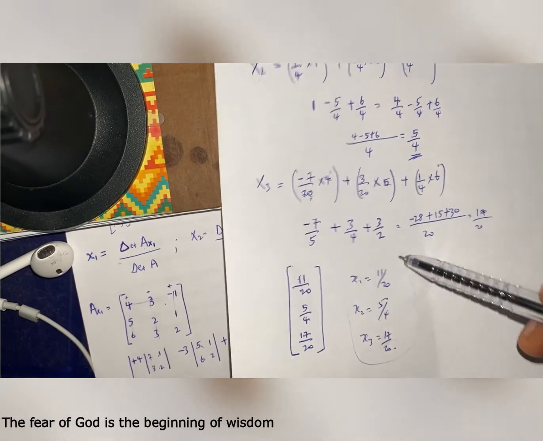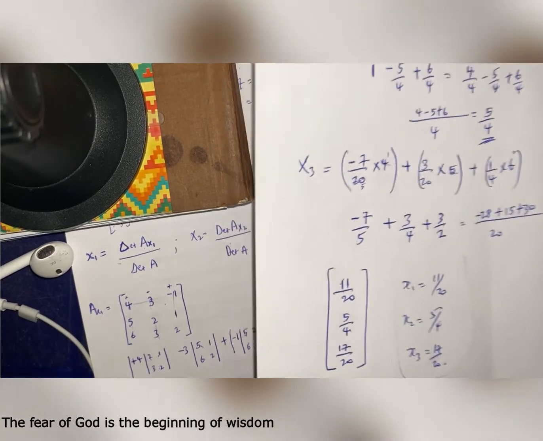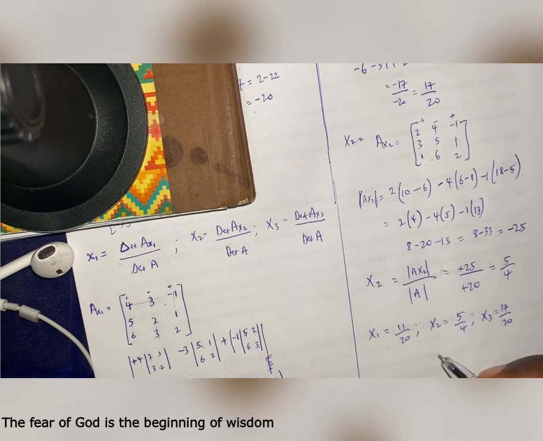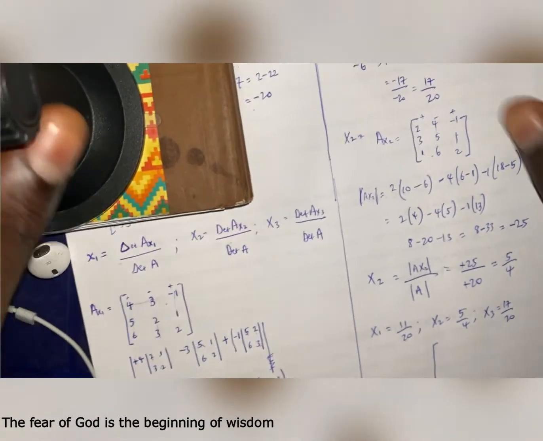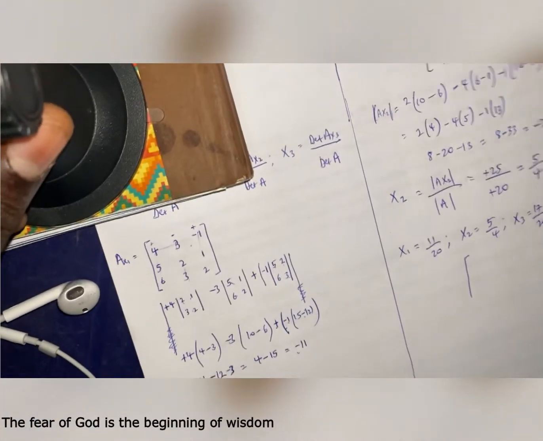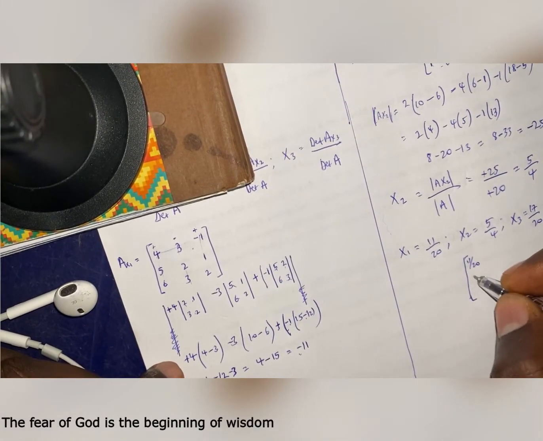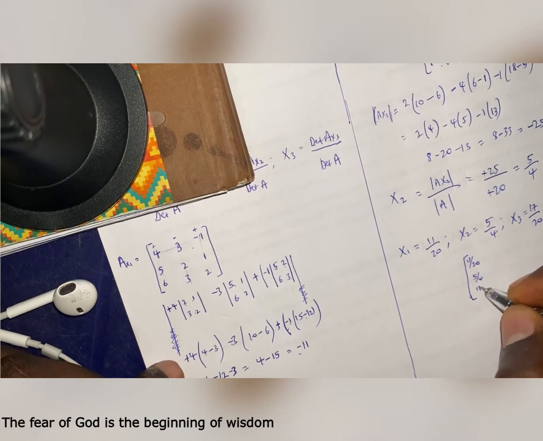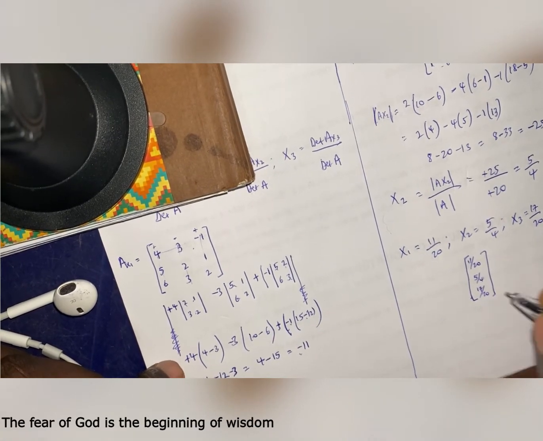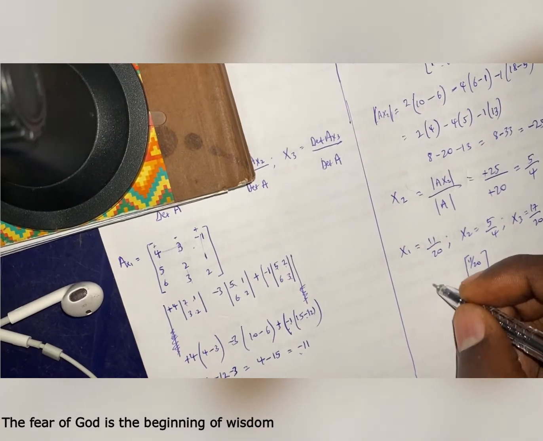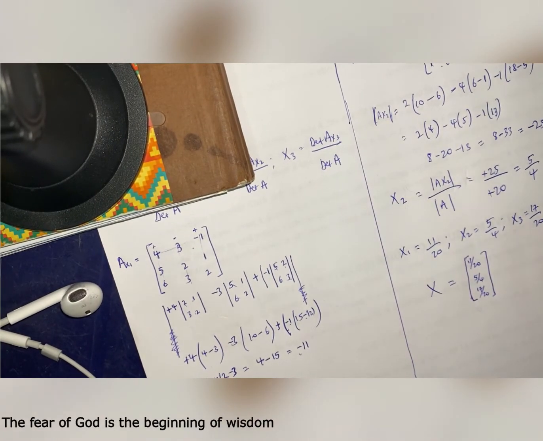See the same solution, 11 over 20, 5 over 4, and 17 over 20. That's a proof that our solution is correct. So we have this. X equals 11 over 20, 5 over 4, 17 over 20.